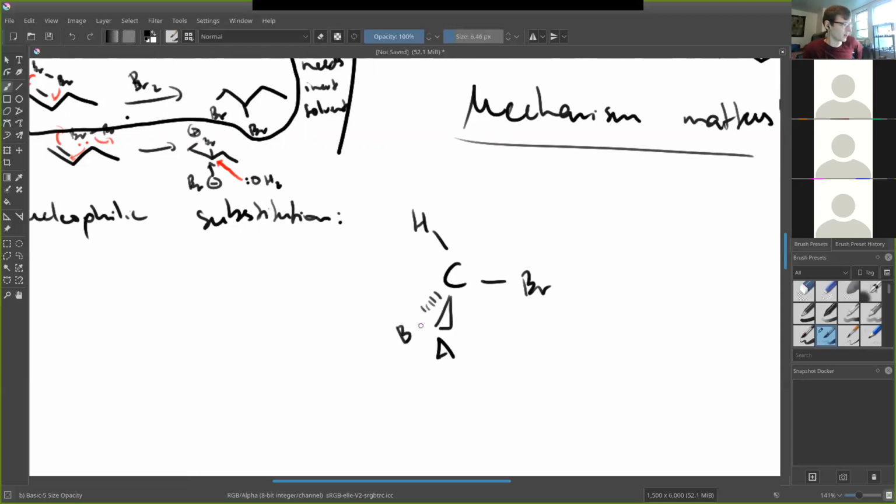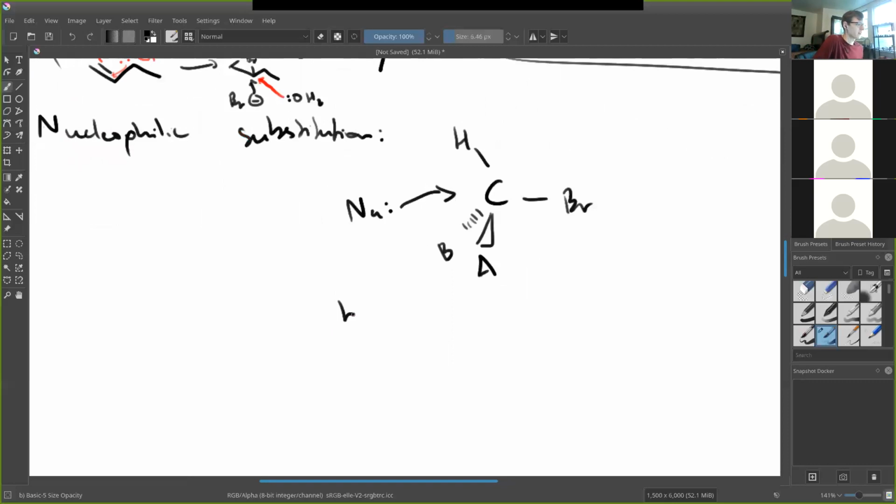We don't know what those two are. They could be anything, right? In fact, this hydrogen could be something else too if we really wanted, right? And what we're going to do is take something called a nucleophile, and I'm just going to write it as Nu because it could be any nucleophile, right? And it's going to go right here, and it's just going to attack at that carbon, right? This is what we would call the standard backside attack.